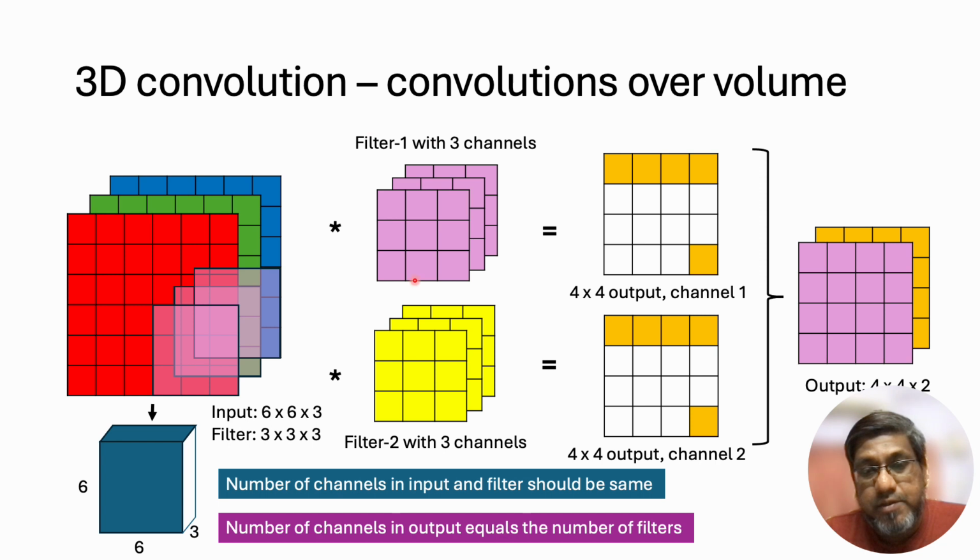The first filter produces an output which is 4 by 4, and the 4 by 4 output corresponding to the first filter constitutes the first channel of the output.